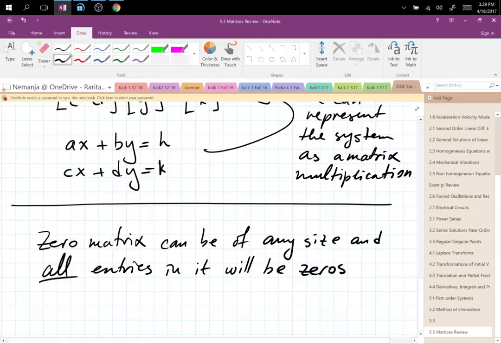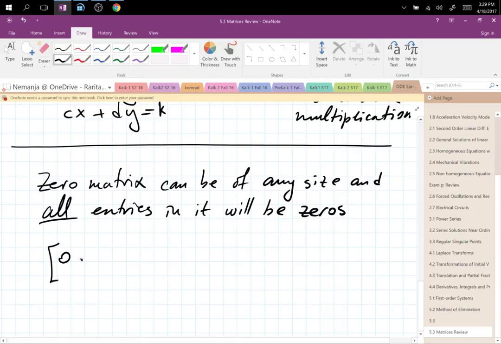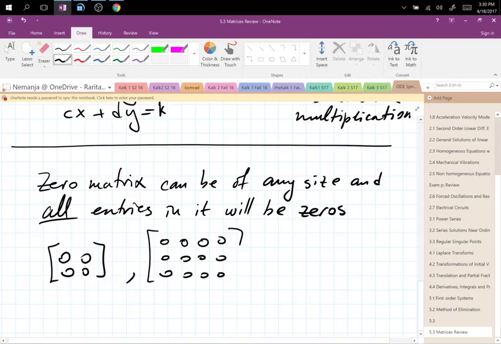So you can have a square matrix 0 0 0 0. You can have, I don't know, 4 zeros this way, like this. Actually, you know what? I'm gonna draw this as a 3, so it doesn't look like the only matrices that we are using are all 2 rows.